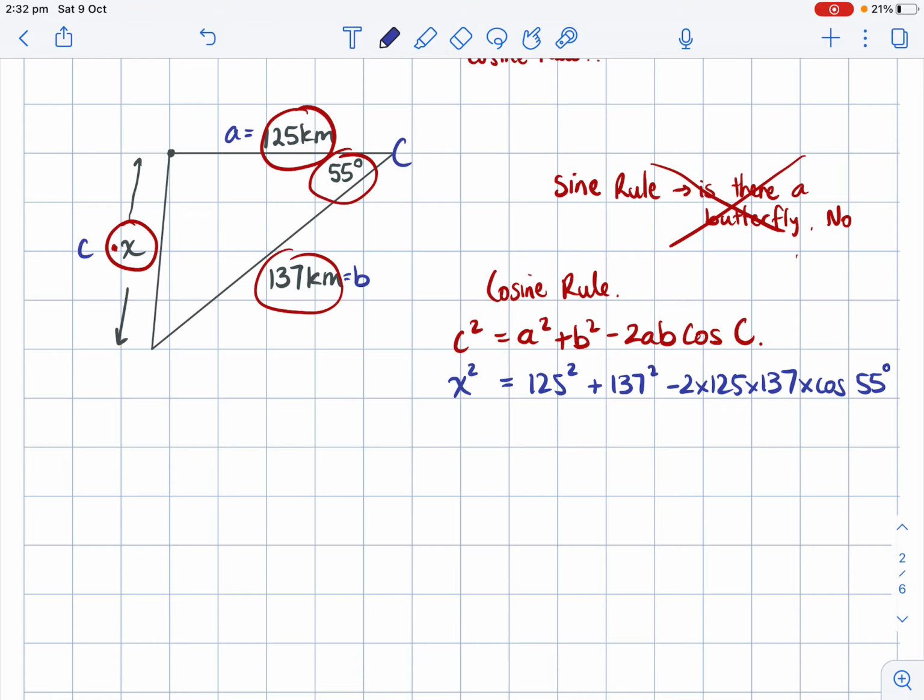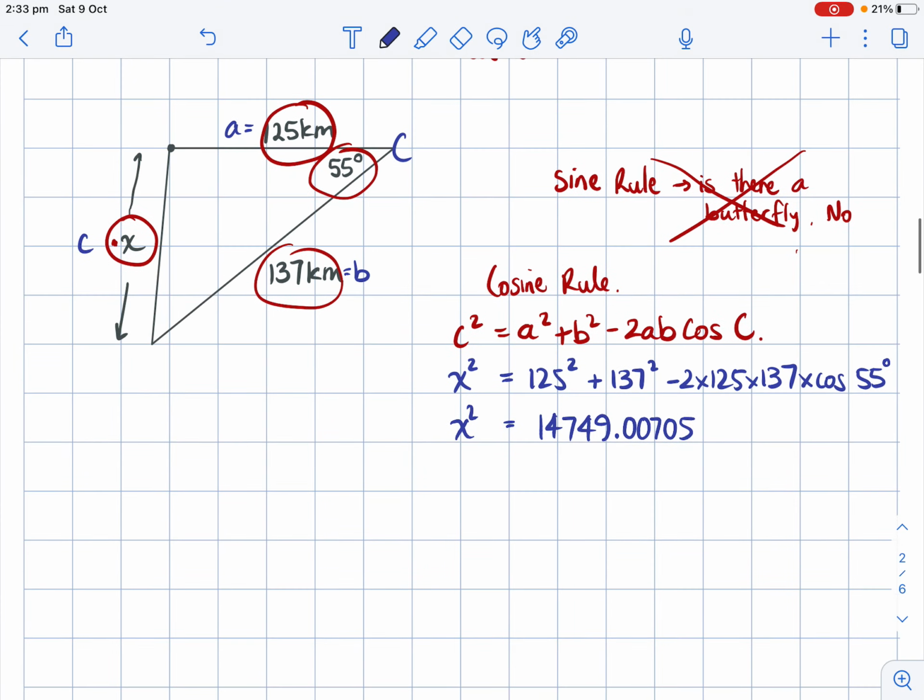So right now, off the side of the screen that you can't see, I am literally typing out what is on the screen, and hopefully I don't make a mistake as I try to talk and press buttons on the calculator at the same time. And I get 14,749.00705.